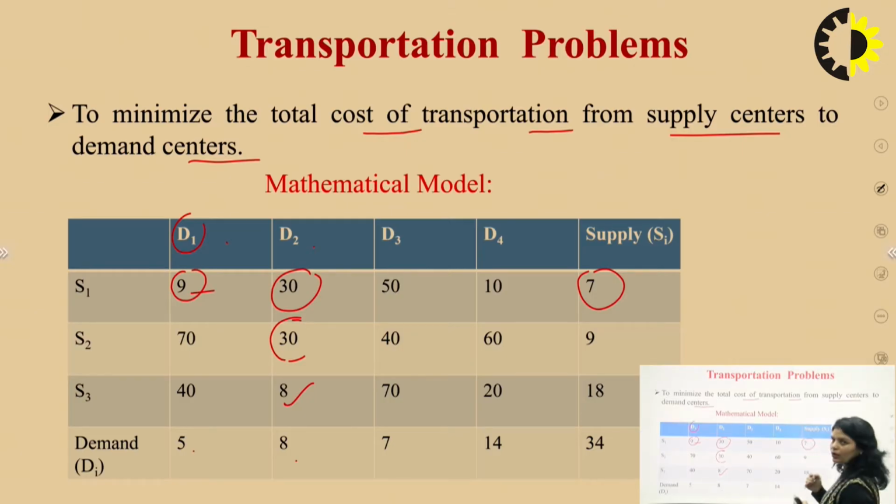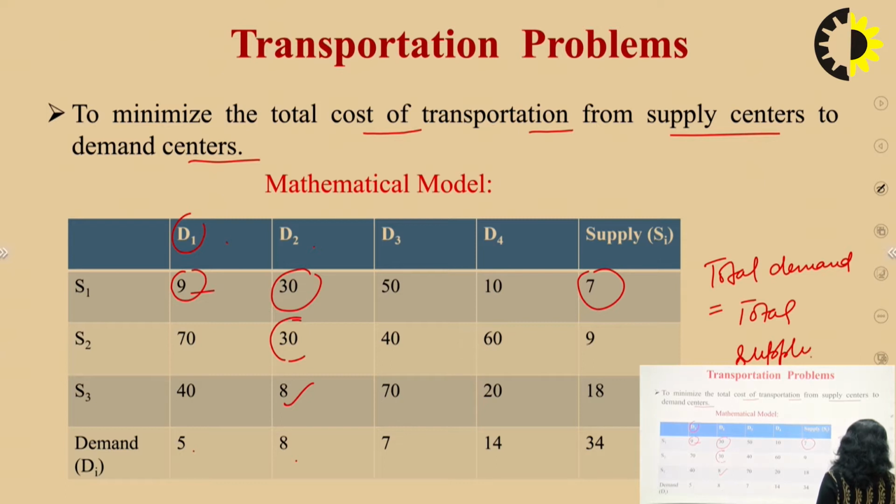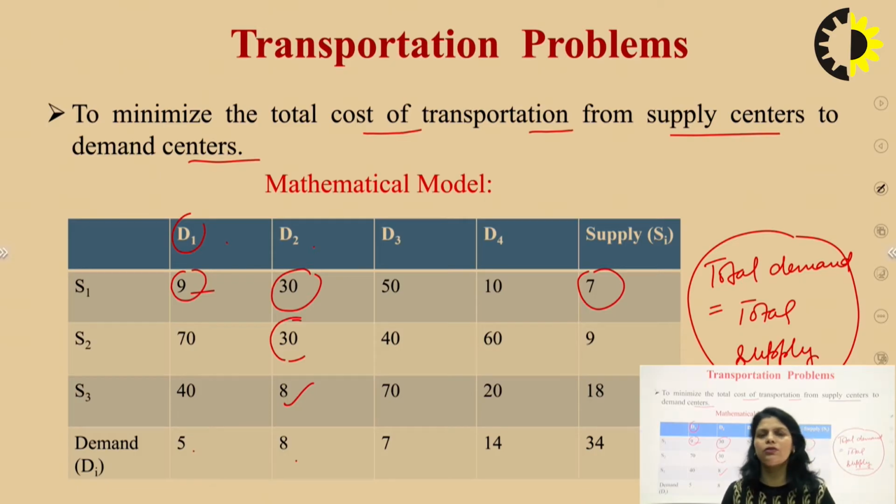So one of the conditions is that total demand should be equal to total supply, or total supply should be equal to total demand. If this is the condition, our transportation problem is balanced.